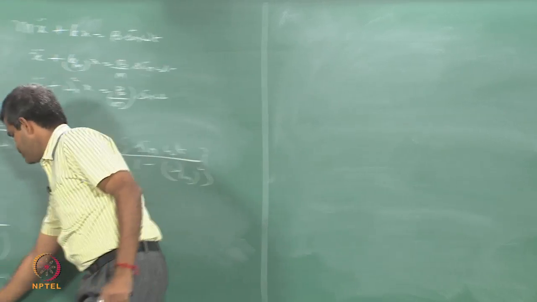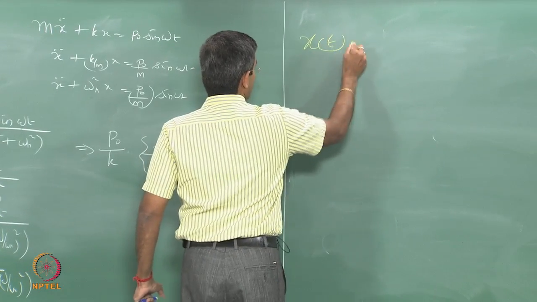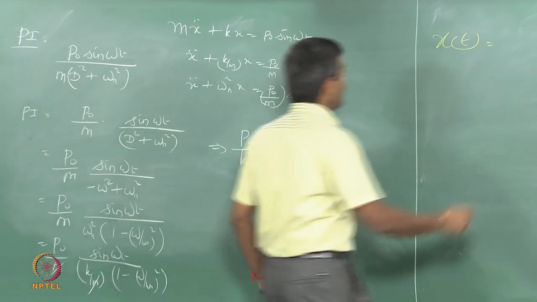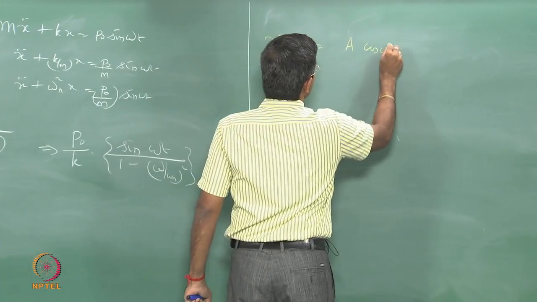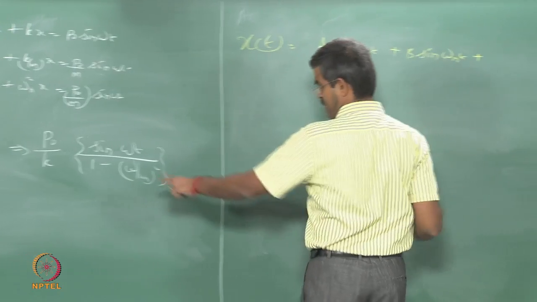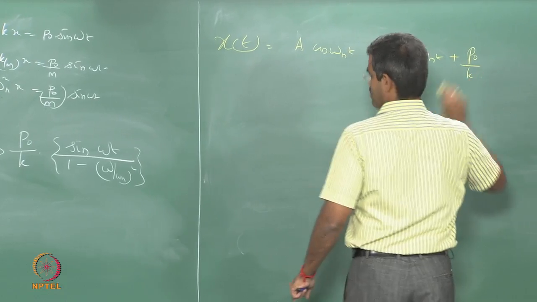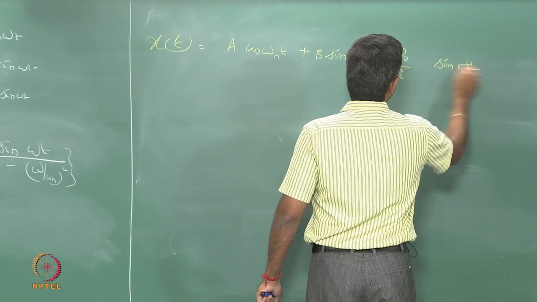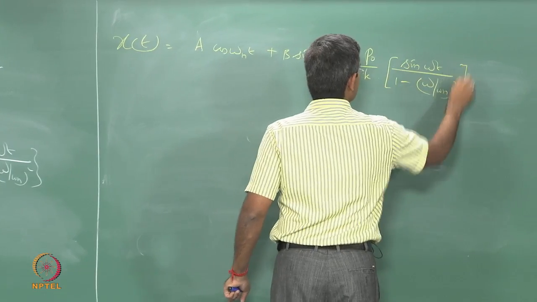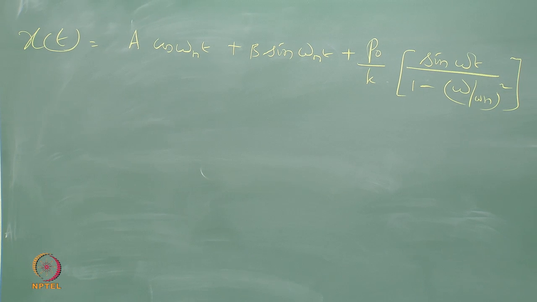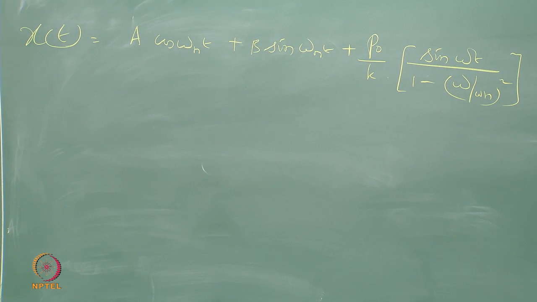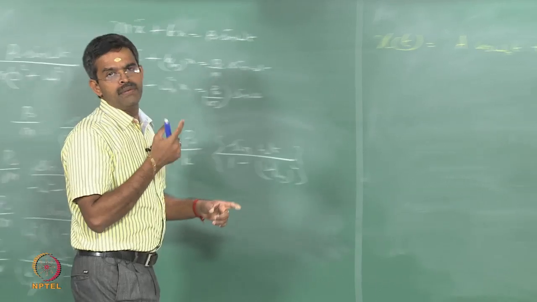My x of t, which is the response of the undamped forced vibration, will be A cos omega n t plus B sin omega n t plus P naught by k sin omega t by 1 minus omega by omega n square. I want to eliminate A and B as usual.